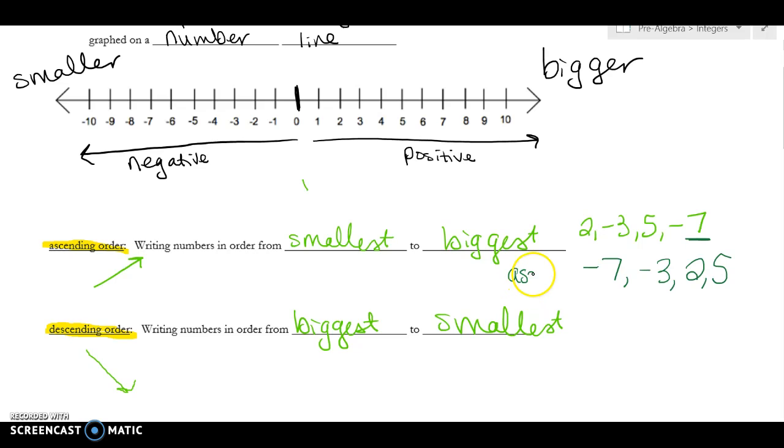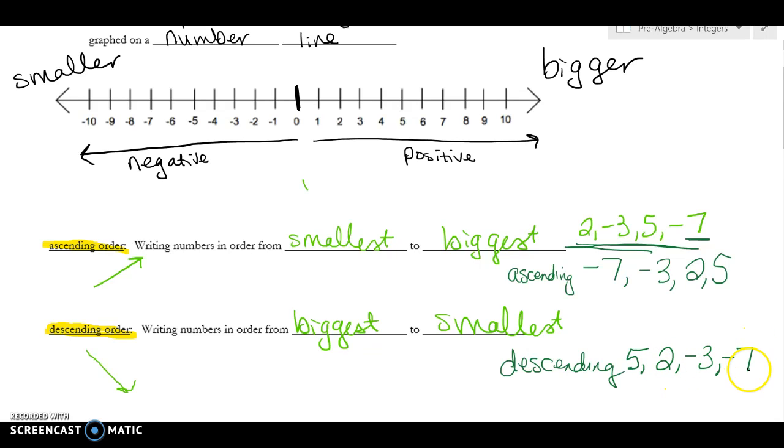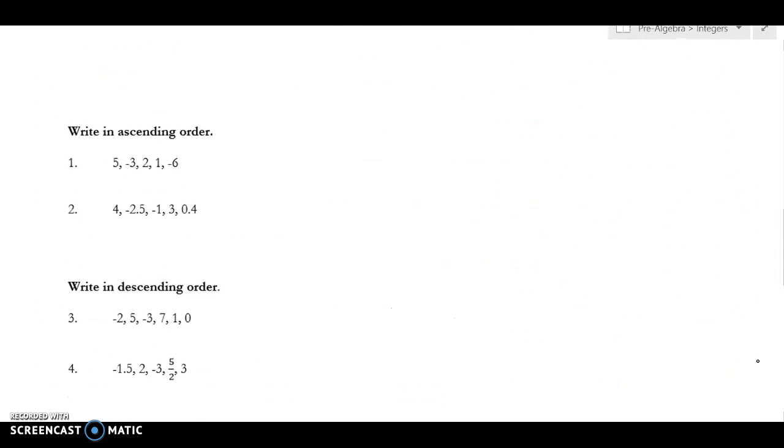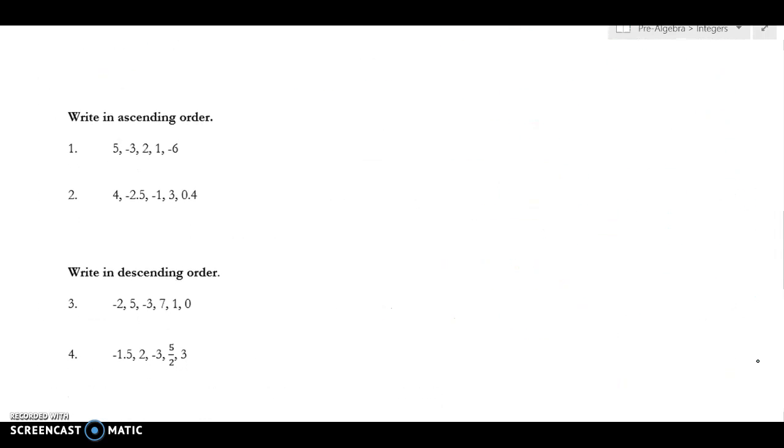So this would be ascending order. If we wanted to go descending, it's just the opposite. My biggest number is 5, then 2, so I go from right to left this time, then -3, then -7.